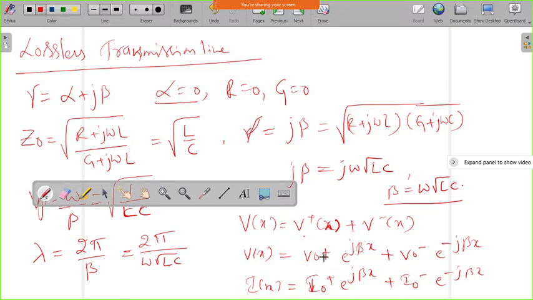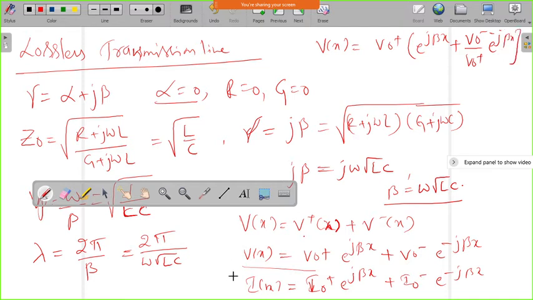Now if I take V naught plus common in this equation, your V of x will become e power plus j beta x plus V naught minus by V naught plus, which at the load end we can write as gamma L, into e power minus j beta x.